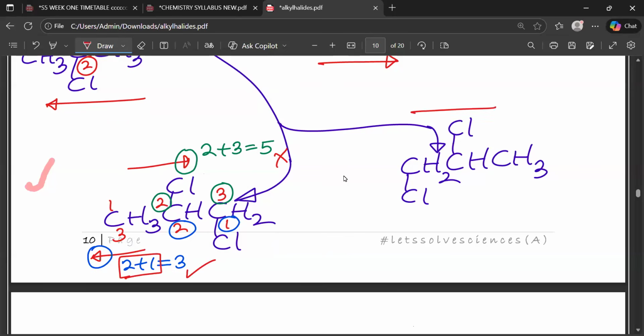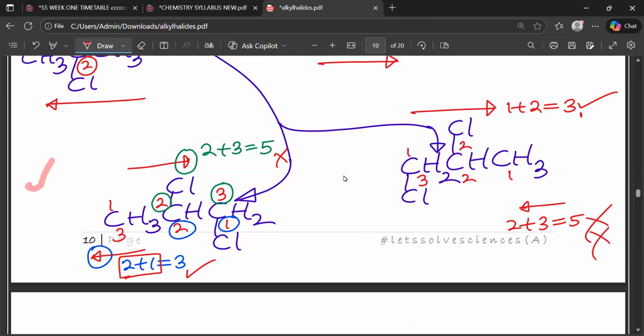I'll take this direction because it gives me 1 and 2, which is a 3. The other one will give me a 5. It will give me a 2 and a 3, which is a 5, and I will not take it on. This one gives me 1 and 2. This one gives me 2 and 3. That's why I'm leaving it out, but I'm taking the other one. Hope you're following.